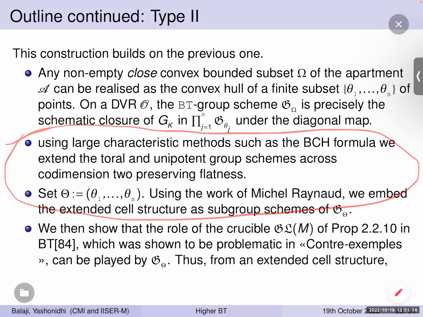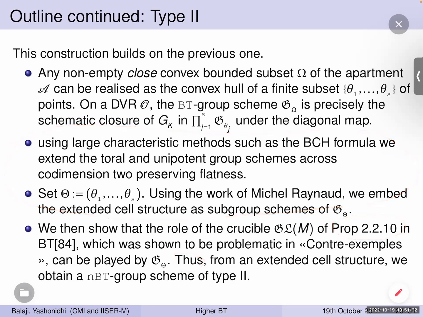And the word thus refers to a generalization of this. We obtain an NPT group scheme of type 2. It is at least quasi-affine, which means we are not able to prove that it is affine.